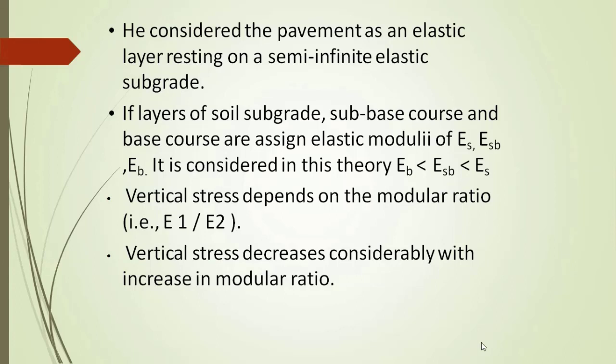The vertical stresses depend on the modular ratio, E1 by E2. The vertical stresses decrease considerably with the increase of the modular ratio. So the effectiveness of the reinforcing action of the pavement layer is logically utilized in the Burmister approach.